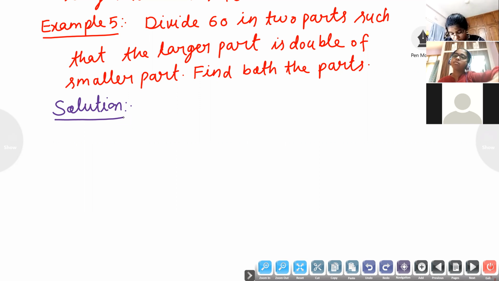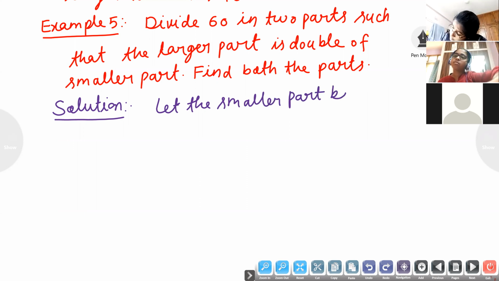Understood, everyone? Let the smaller part be x and the larger part be 2x.